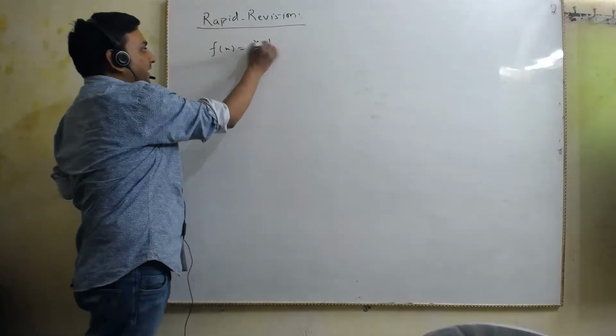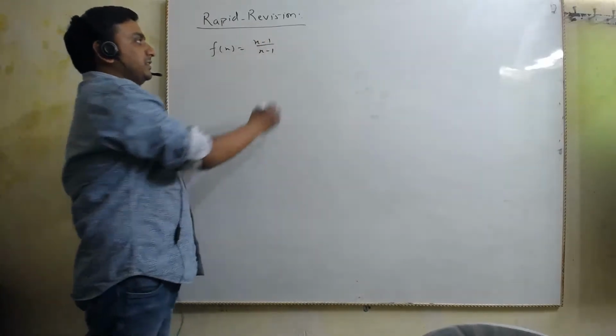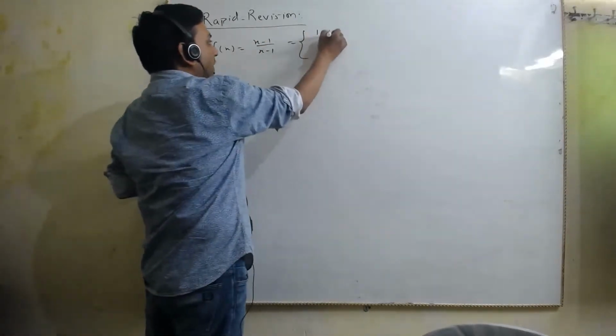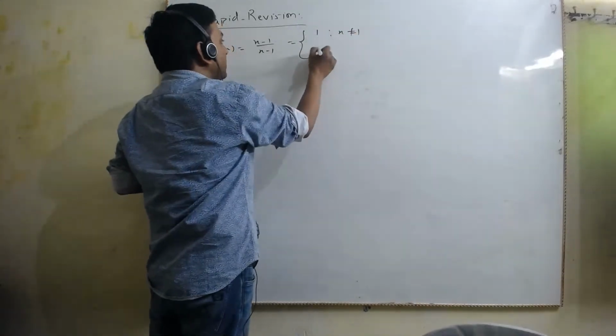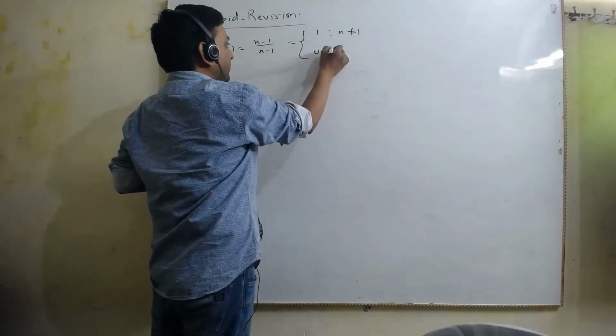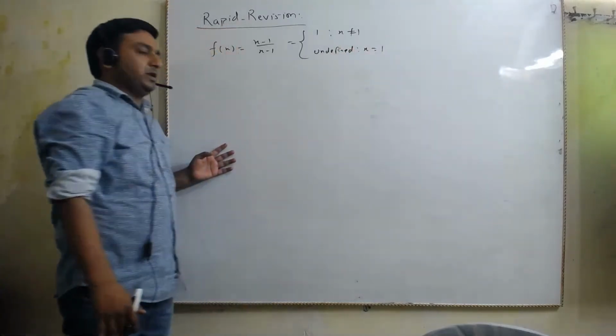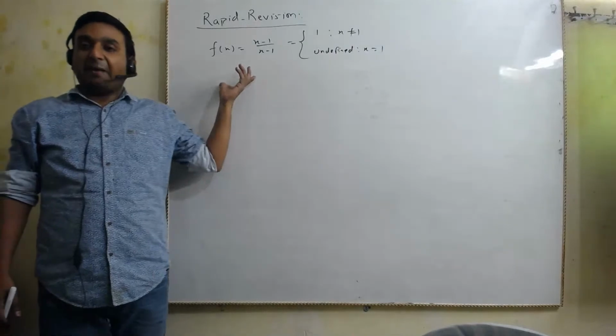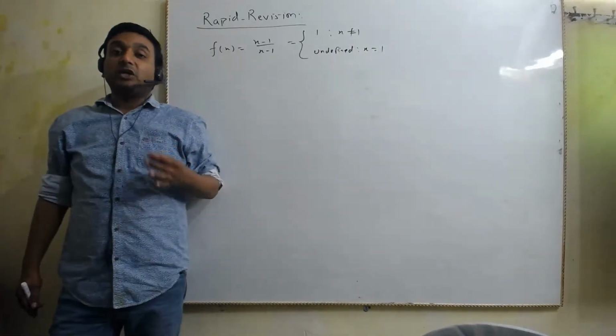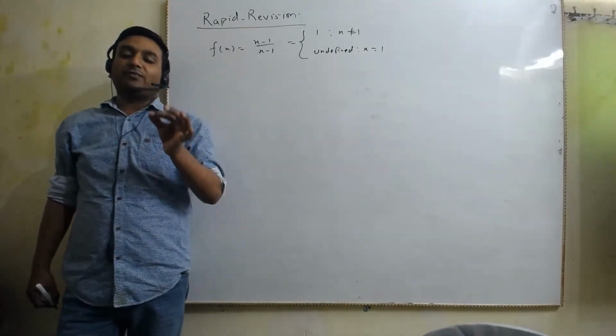Let's say if I take an example like this, then this is 1 when x not equals to 1. This is undefined when x equals to 1. Right? So this example itself indicates me to differentiate value of the function.